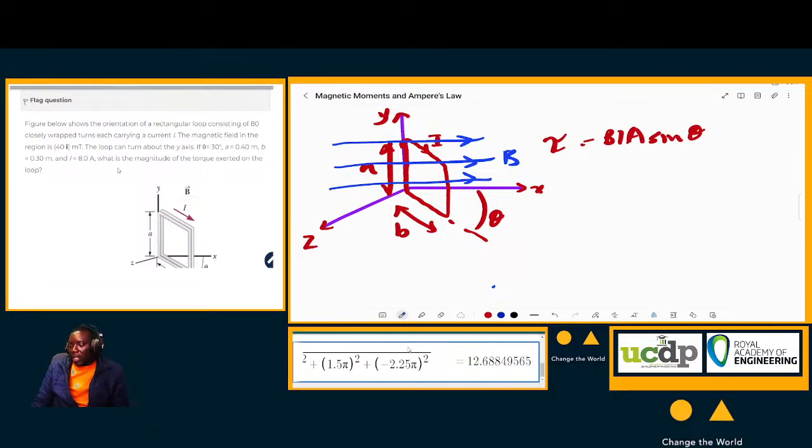So the current is making an angle theta with the B field. Then we have the current, we have the field, and the torque will be the turning effect perpendicular to both the current and the field.